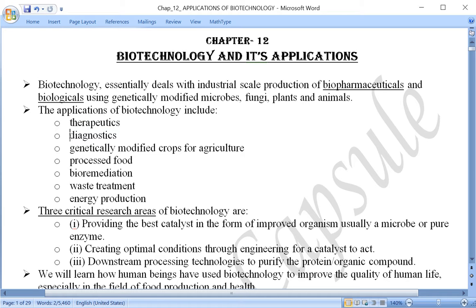The second one is diagnosis or diagnostics. You know that when we fall sick, we land up at a doctor's clinic. Then we have to undergo some checkups, like the simplest one, the blood test, and after that some other tests like x-rays, CT scans, MRIs are done.